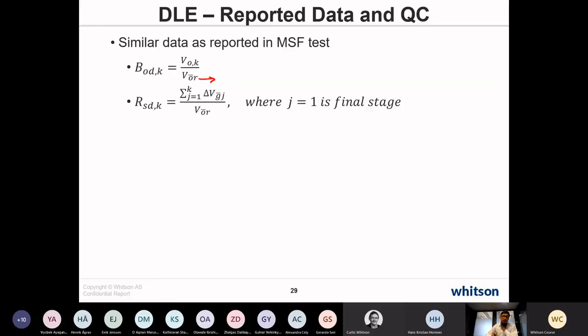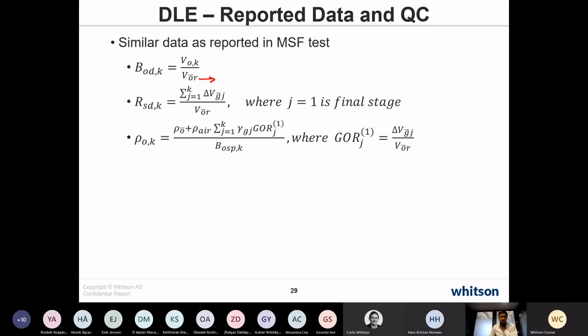And then we have the RSD that represents the solution gas in the reservoir oil or reservoir fluid at a given pressure stage, and that's simply how much gas is removed. Again, J is the final stage, so going from the final until the pressure stage PK, you just sum all the gas that is being released, which will indicate how much gas is dissolved in the oil at that pressure PK, and then you just divide it by the residual oil volume.